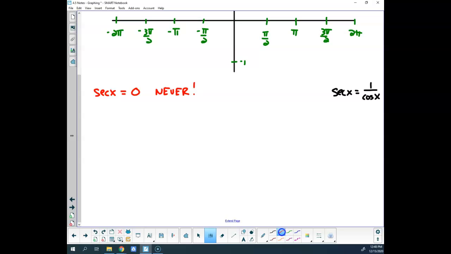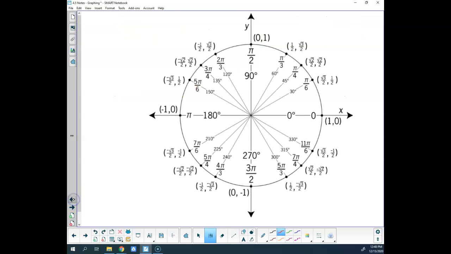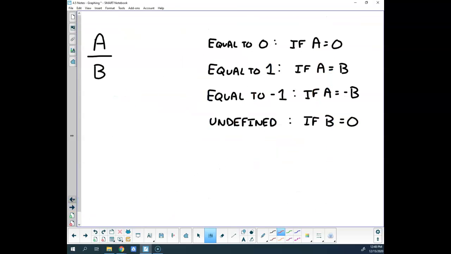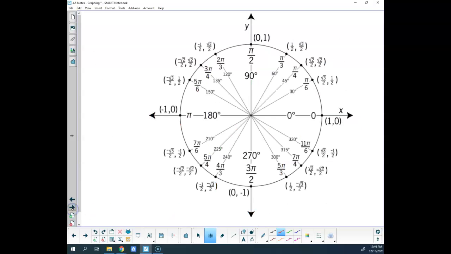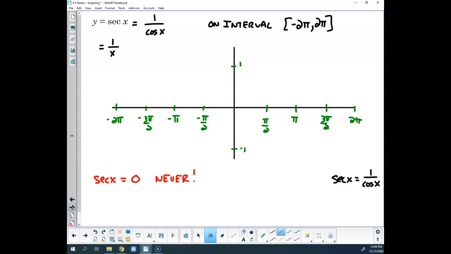Because why? Let's go back to our fractional logic. Our fractional logic said that this fraction is equal to 0 if a is equal to 0, right? If our numerator is equal to 0. What's the numerator? 1. Can 1 ever be 0? That's my one. Okay? So this fraction can never be equal to 0.